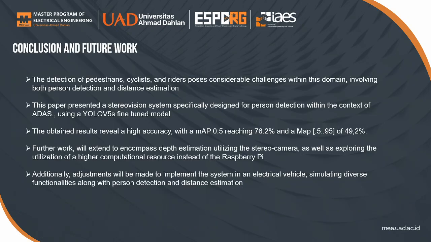As a conclusion, we can say that the detection of pedestrians, cyclists, and riders poses considerable challenges within this domain, involving both person detection and distance estimation. This paper presented a stereovision system specifically designed for person detection within the context of ADAS using a fine-tuned YOLOv5 model.